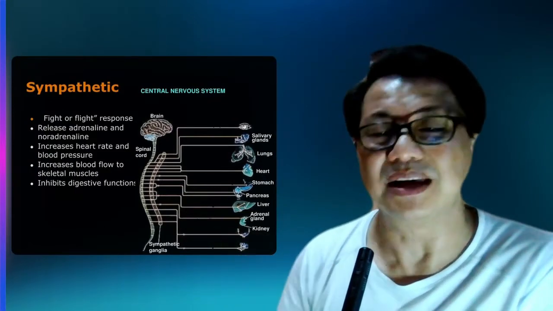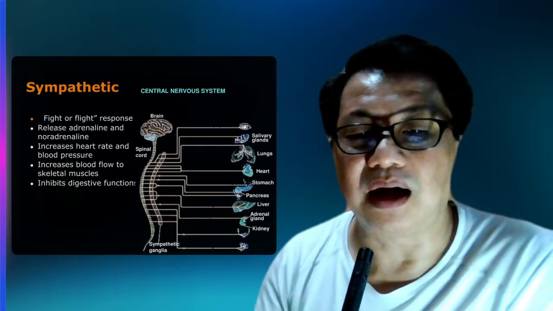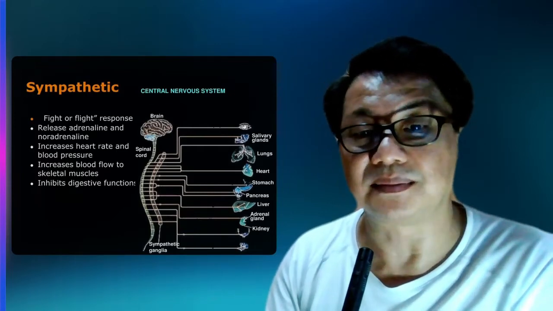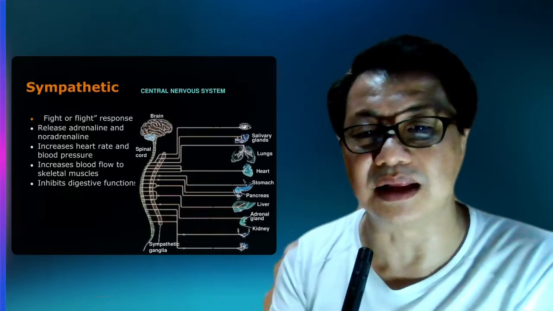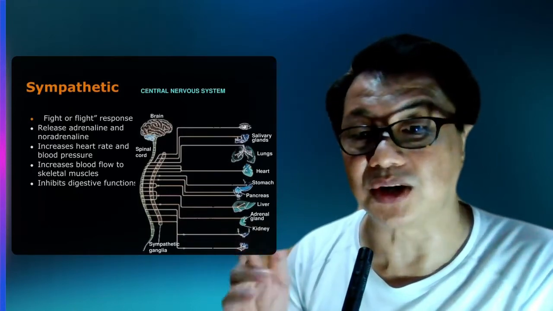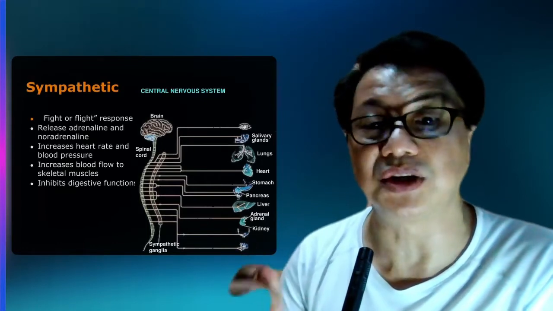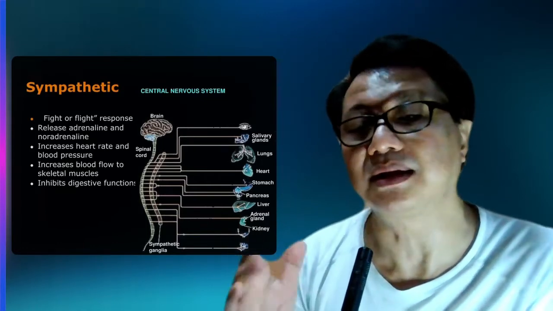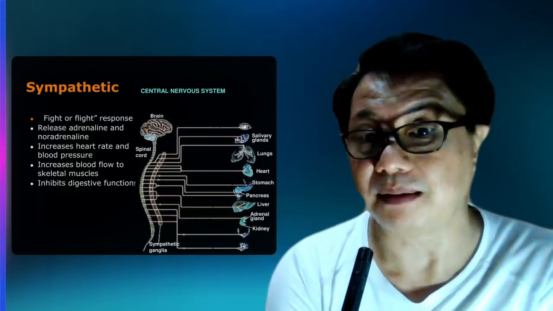Now, the other thing is that it allows us to respond to the environment. So it is really crucial to survival that a lot of these systems are in place, automatically responding to the condition of our environment. The fight or flight that we talk about is a good example of this.